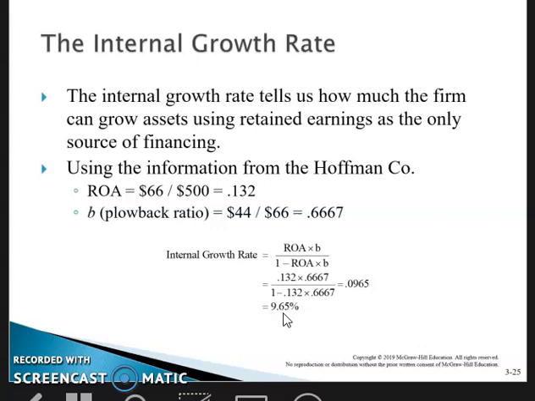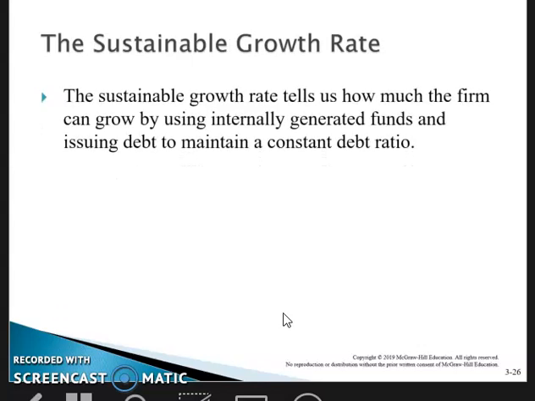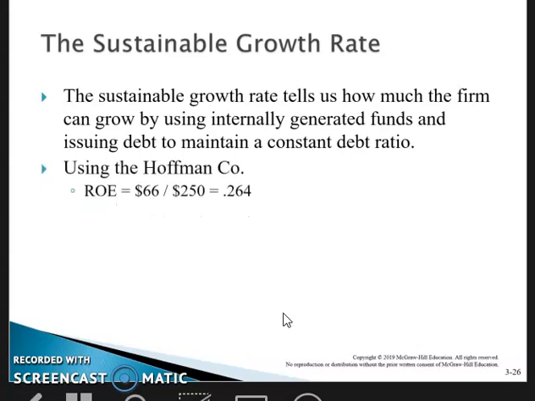The next is the sustainable growth rate. The sustainable growth rate tells us how much the firm can grow by using both internally generated funds and issuing debt to maintain a constant debt ratio. Going back to the Hoffman Company, the only difference between the two formulas is that we're going to use ROE instead of ROA.